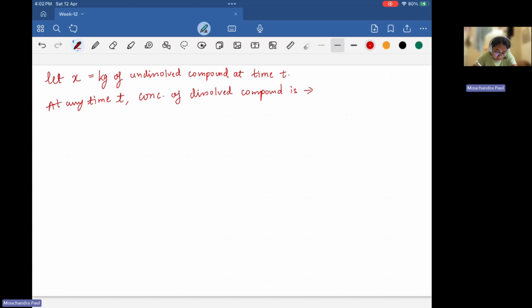So at any time t, the concentration of dissolved compound would be (20 minus X) by 100.